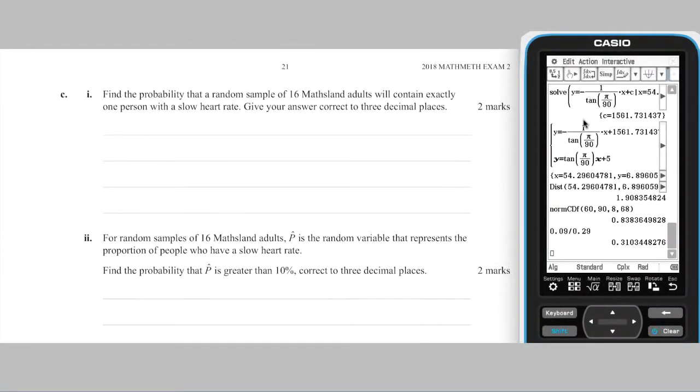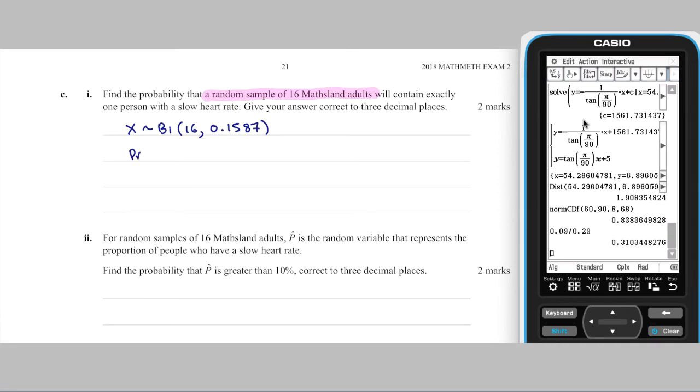Part C, Part 1. This concerns the slow heart rate of random samples of 16 Mathland adults. This can be modelled by a distribution X, which is binomial in nature, with n equals 16 and p equals 0.1587.